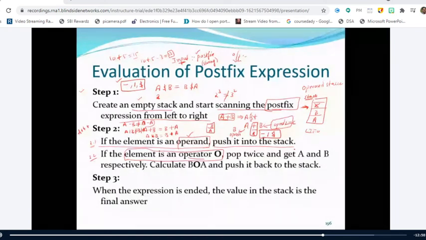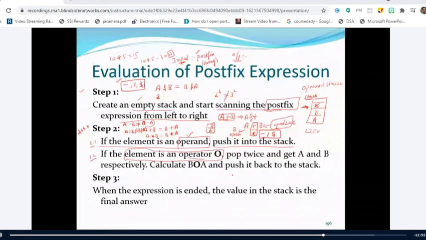After popping these elements and placing them in operand 1 and operand 2, you have to perform the corresponding operation. We'll see it with an example. So what is the operator I got here? It is O. So you perform A O B, and the result has to be pushed back onto the stack.